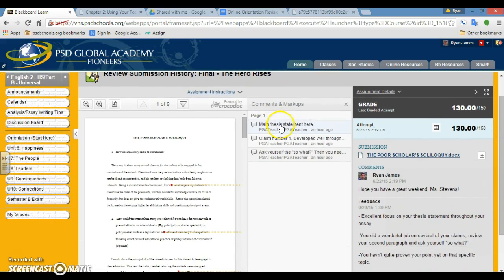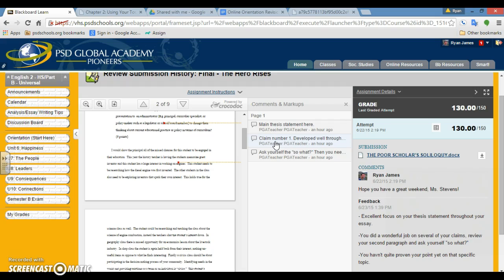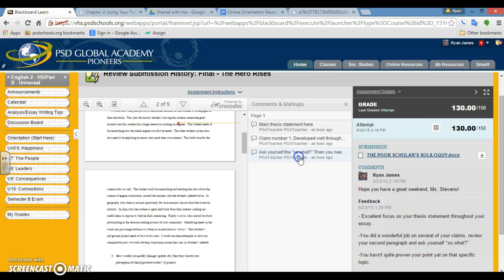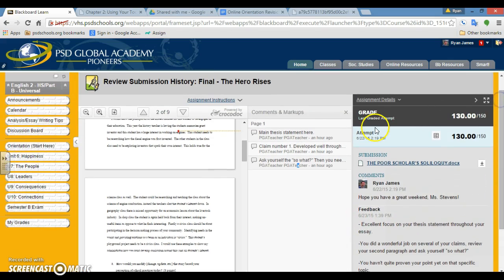So again, similar to the lab assignment, we have the comments and markups around here that we can see what specific feedback Miss Stevens left me on my actual document, as well as her general feedback for the overall assignment. And then another thing that you'll see used in some of your classes are rubrics.